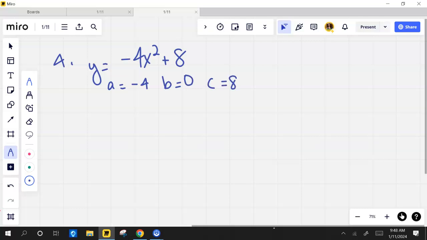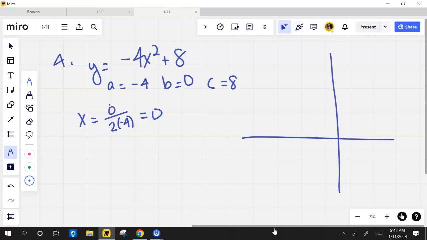And so I need to know, well, first tell me what it's doing. Down, skinny. What's the y-intercept? 8. All right, so I'm going to find that axis of symmetry first. Opposite b, which is just 0. And then it doesn't matter what's on the bottom because 0 divided by whatever is just going to give me 0. Which means that the axis of symmetry is the y-axis.